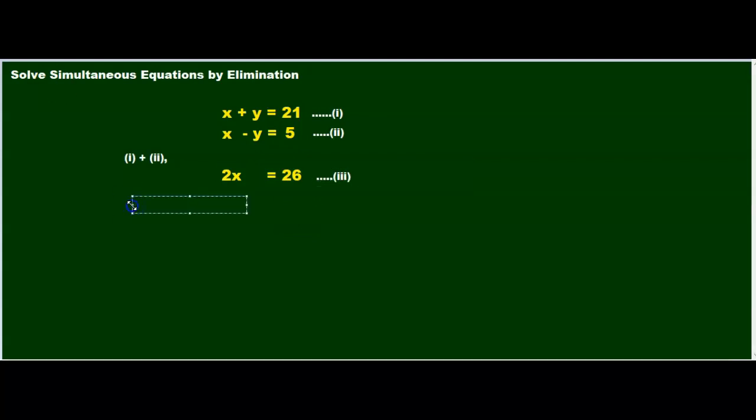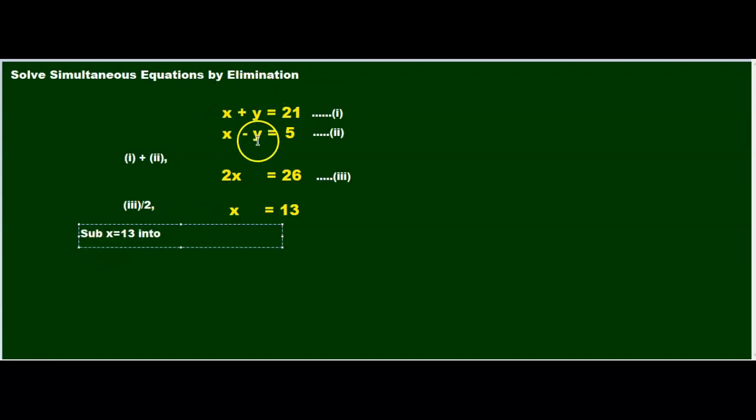Okay, to solve for x, we're going to take equation 3 and divide by 2. So 2x divided by 2 gives me x, and 26 divided by 2 gives me 13. Next, I'm going to substitute x equals 13 into one of my equations, either equation 1 or equation 2.